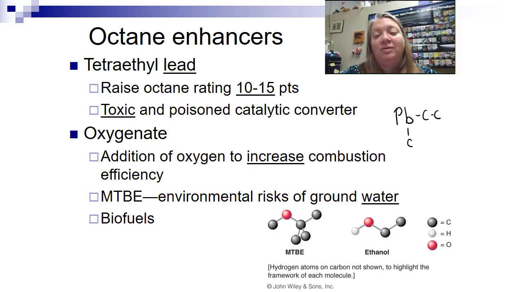So 2 carbons, 2 carbons, 2 carbons, 2 carbons. That's your tetraethyl lead. Again, I haven't included any of the hydrogens just to make it a little bit easier to see. And they found out that if they added a little bit of this tetraethyl lead, it would raise the octane rating by 10 to 15 points. That is a huge jump.